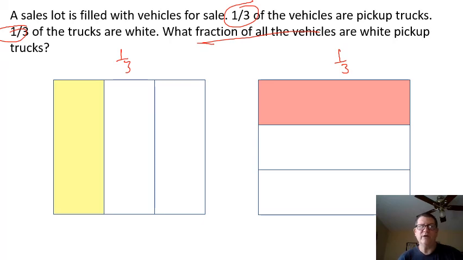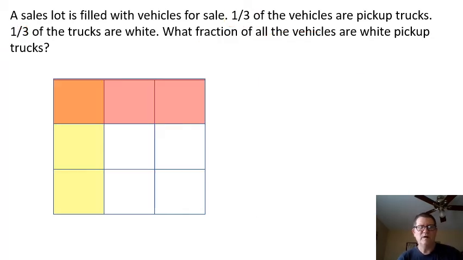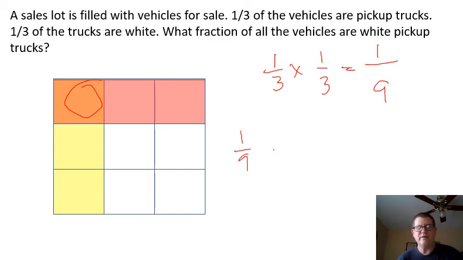So once again, we're going to be finding 1/3 of 1/3. Let's go ahead and combine them. So now we can see that 1/3 of 1/3 equals, and I only have one orange square, and I've got a 3 by 3, which gives me 9. So I know 1/9 are white trucks.